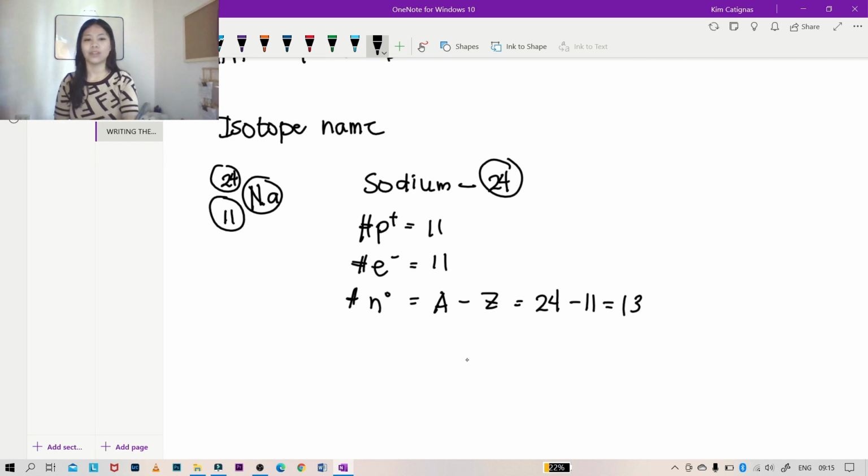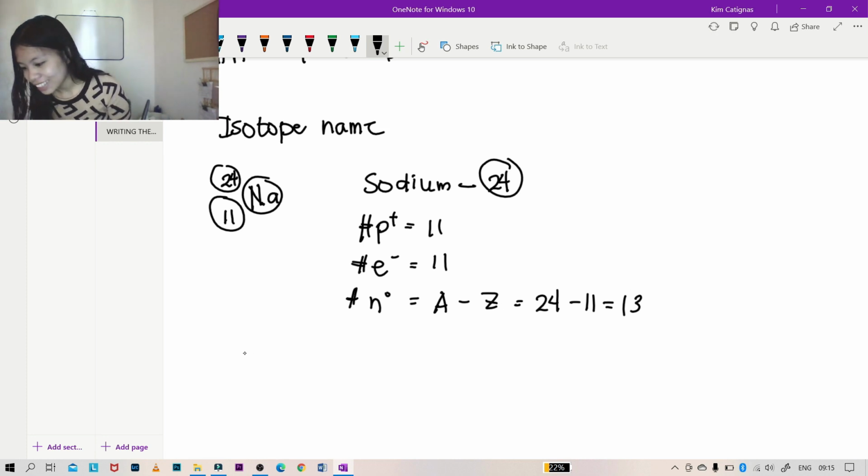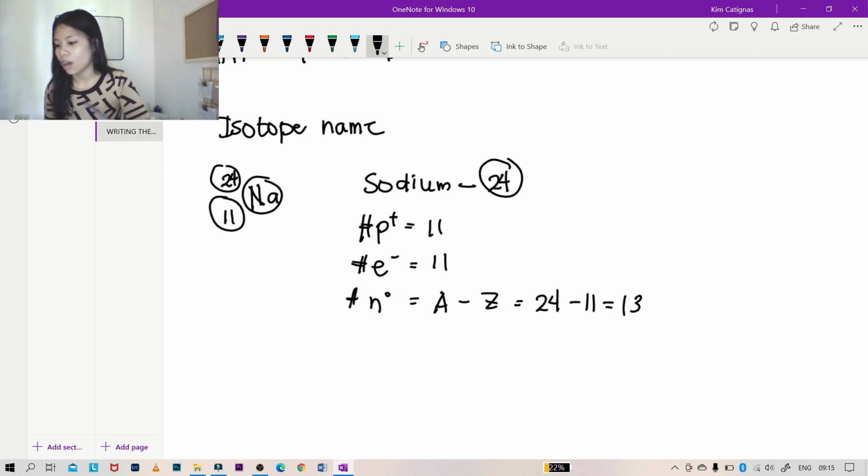Okay? So, ito yung number ng neutrons niya. So, si sodium-24 po, according to my research, ginagamit po siya for obstruction testing in circulation system. So, search nyo na lang po.